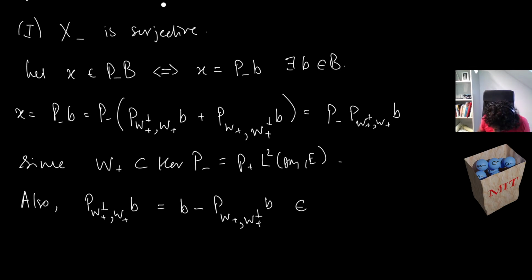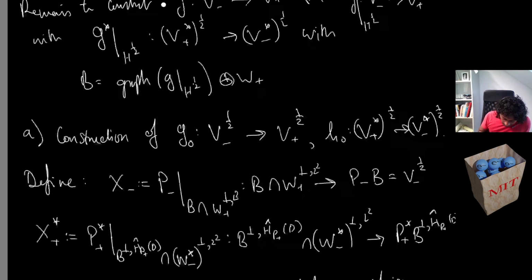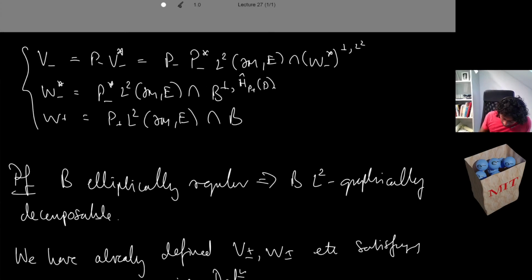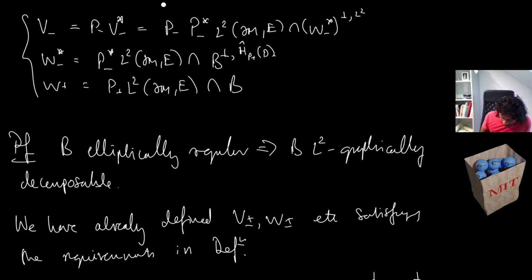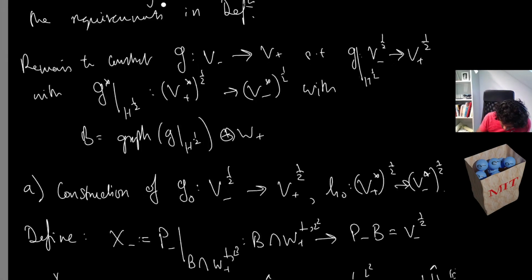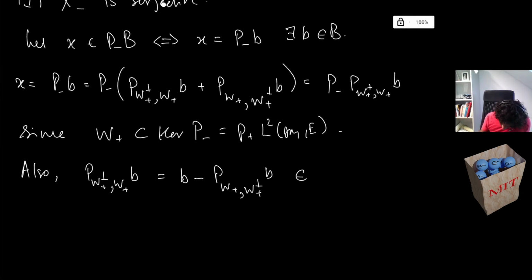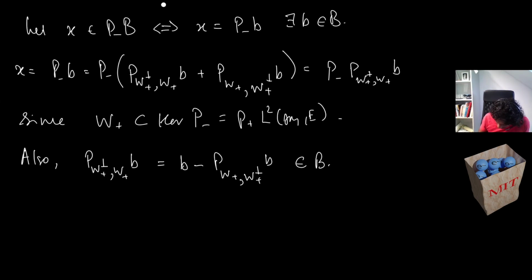So this is now in B and this is also in B, right? Because W plus was the intersection, so maybe I wrote it up here. W plus was the intersection of the P plus projector intersect B. So it's also a subspace of B. So this is now in B plus B, which is of course in B. So what does that tell us?